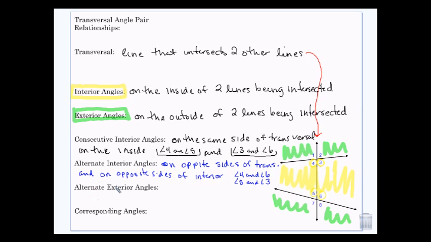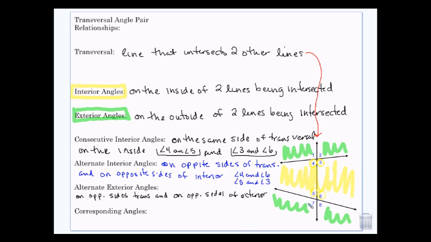Okay, alternate exterior angles are kind of like alternate interior angles, except they're on the outside. So on opposite sides of the transversal and on opposite sides of the exterior.